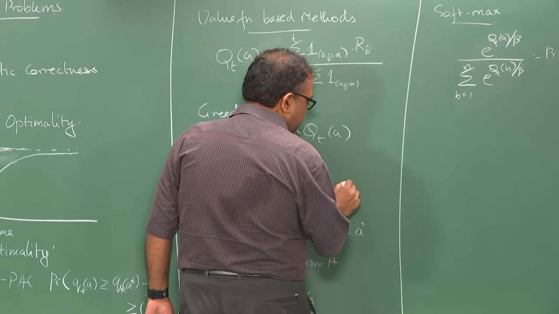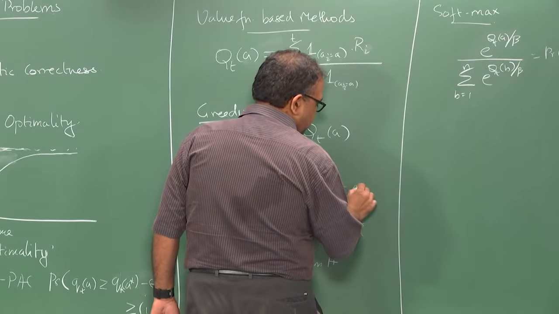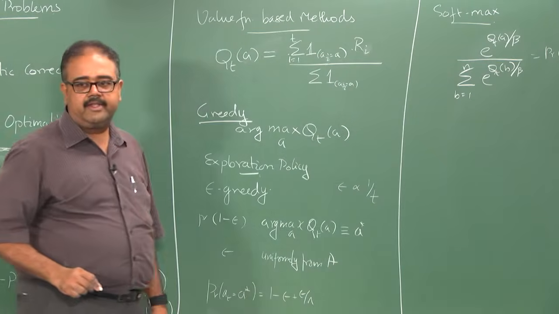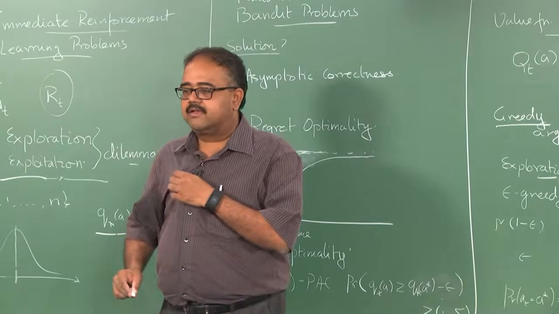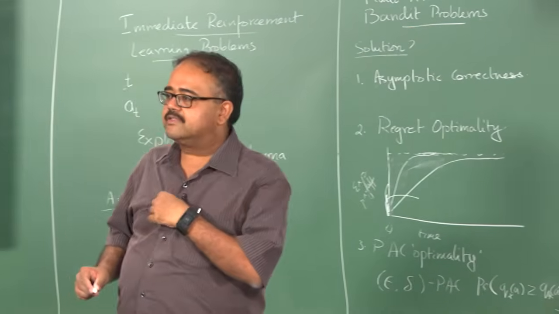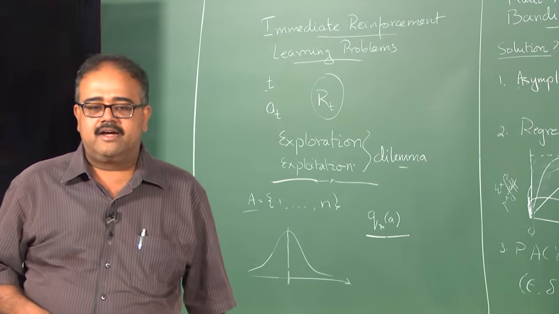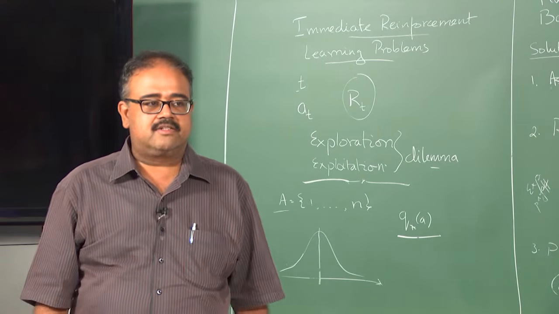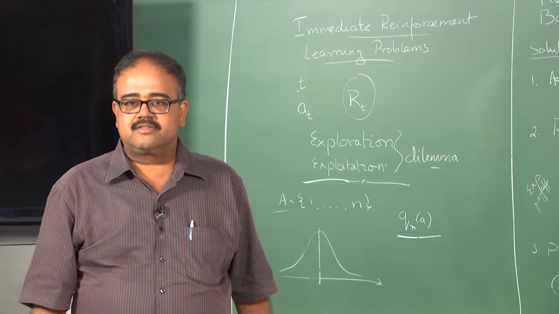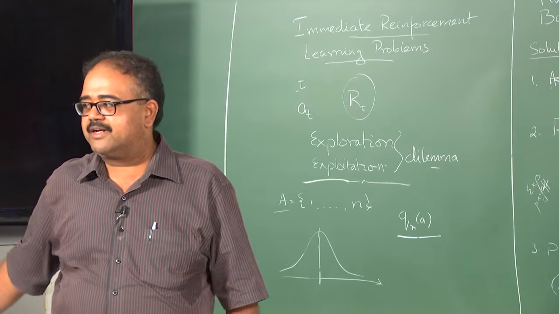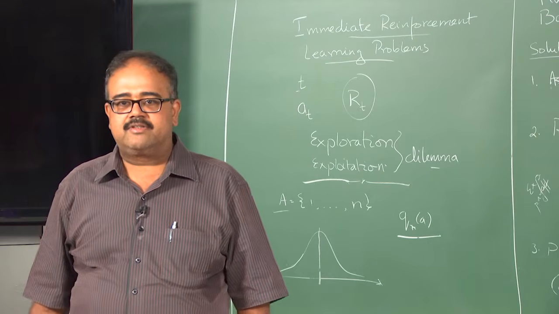In fact people show that if epsilon falls as 1 by t, that's usually a sufficient rate, but unfortunately that will slow down your convergence tremendously, because it becomes truly an asymptotic convergence. You have to run it till infinity to get convergence.